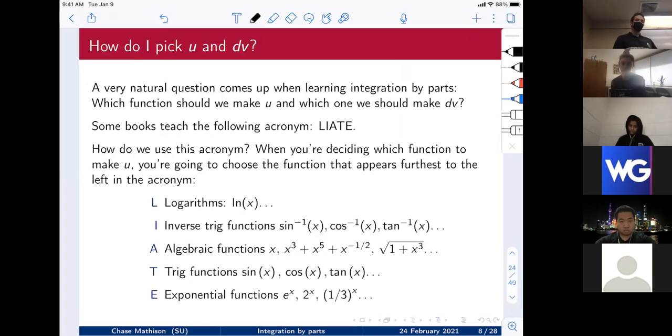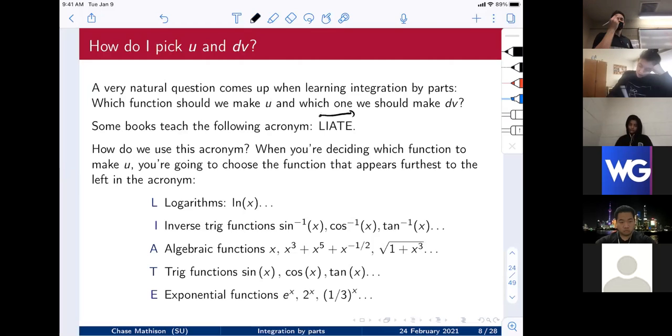Okay, the point of this acronym, choosing u to be the thing that occurs furthest to the left, is that as we go from left to right in LIATE, I really am picking the thing that is hardest to integrate, and I'm making that the thing I differentiate, right?